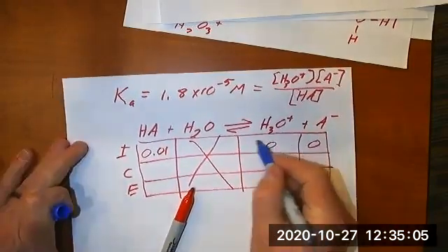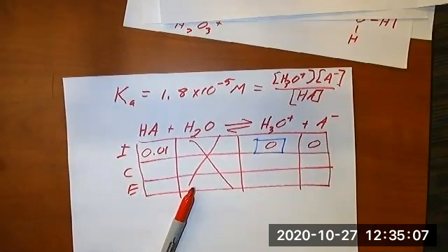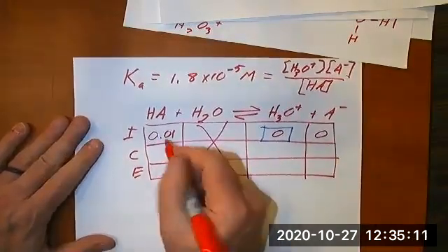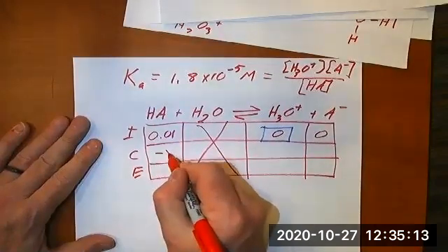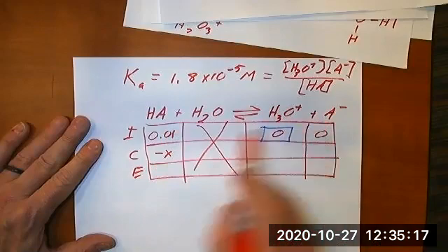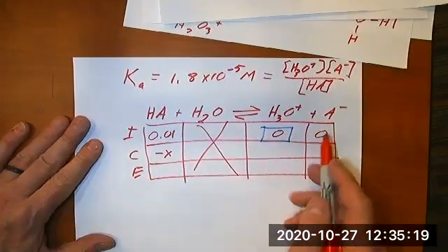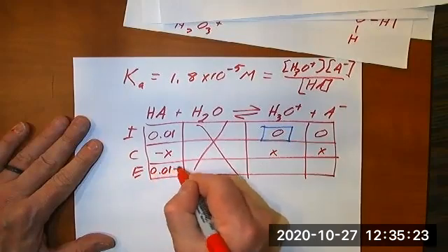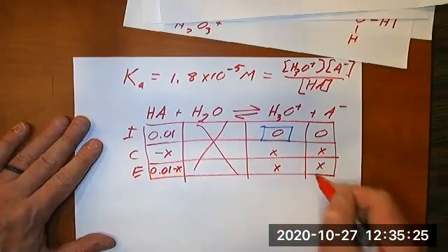I will explain what's going on in a moment. This has to be the negative side because the reaction has to shift to the right, since these are zeros. X, X, 0.01 minus X, X, X.